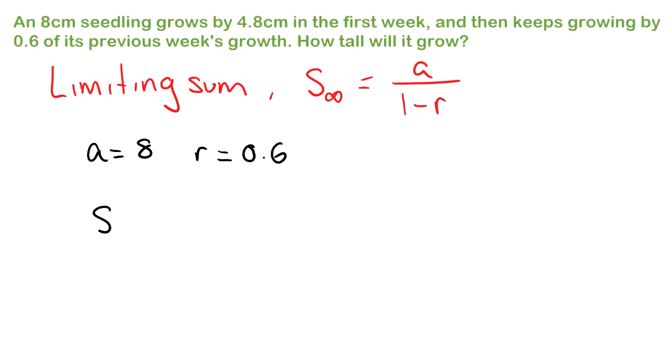So 4.8 over 1 minus 0.6. We use a calculator and we get 12 centimeters. So our limiting sum is 12 centimeters. What that means is that the seedling's growth will only add up to that, and at that point it essentially stops growing. While it will grow tiny bits, they're so insignificant that we don't count them.